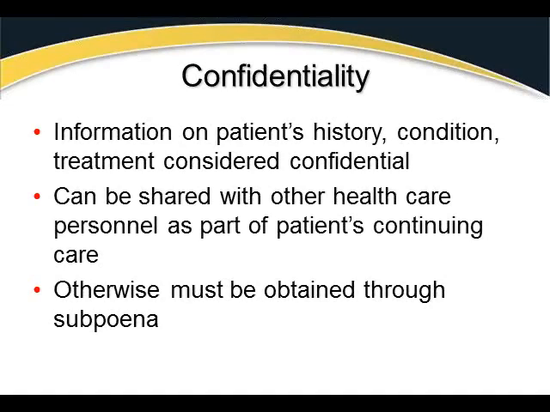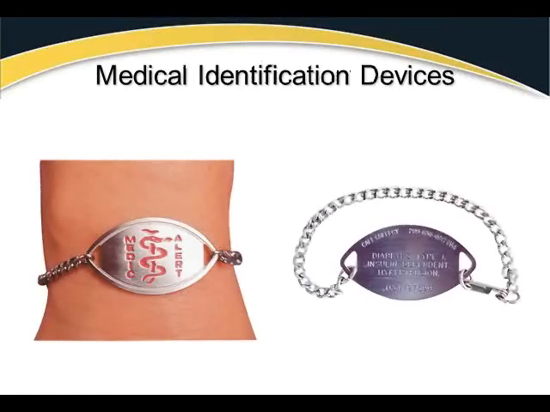So, medical identification devices. This is just a nice way that some patients can help us understand, hey, there's a medical problem I potentially have here. You can see this picture here. It says diabetic, type 1, insulin dependent, and hypertension. So it's just giving you an idea of a direction to head with assessment and treatment of this patient. Often these are found in bracelets, necklaces, anklets.